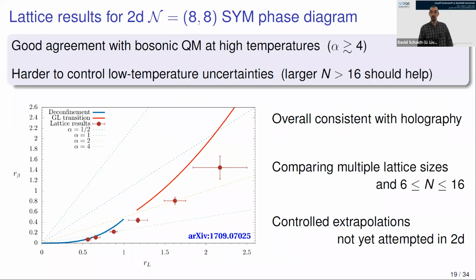I guess the challenge here is that the uncertainties on the lower temperature transition points become harder to control, just due to the nature of those low temperature transitions. Increasing the number of colors should help improve that. But overall, the result is consistent with holography.